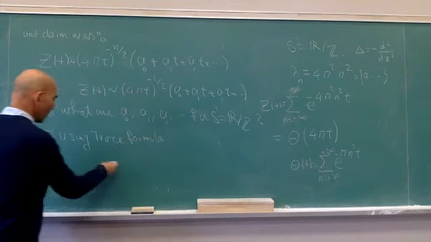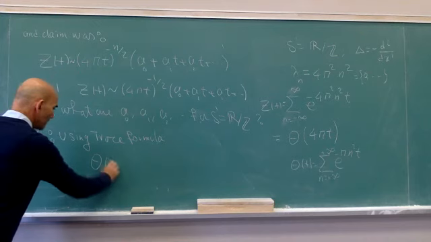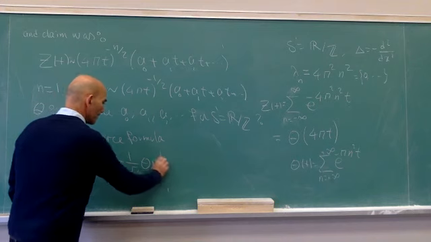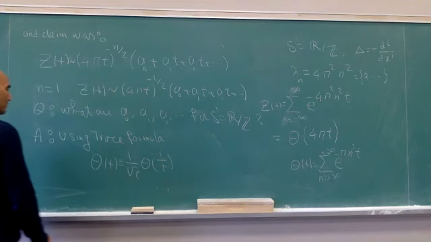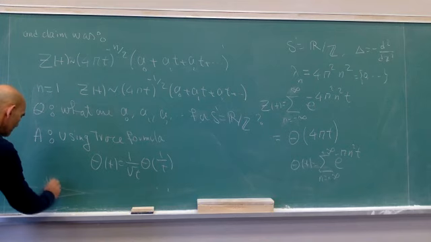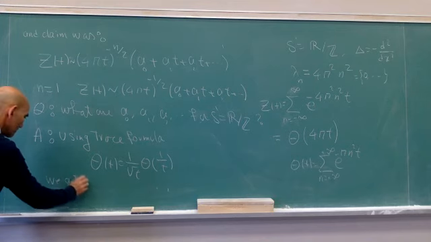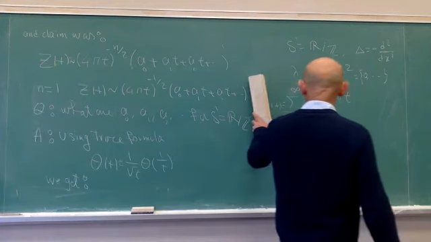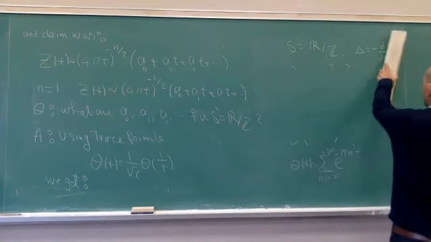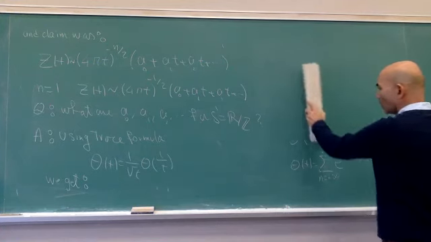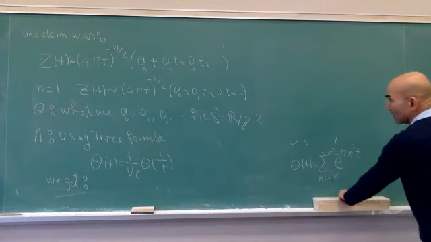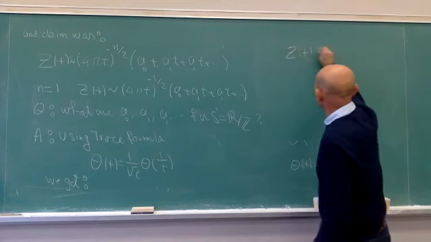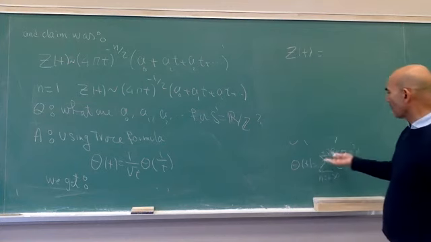By trace formula, I really mean theta of t equal to 1 over root t, theta of 1 over t. What do we get? First of all, what is z of t in terms of theta t? Again, I'm repeating myself, I derived it here.